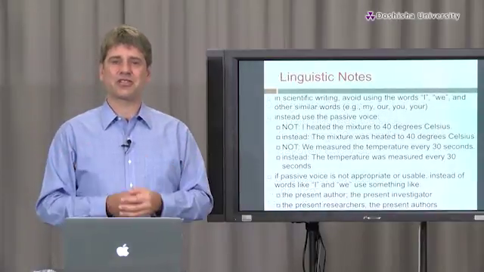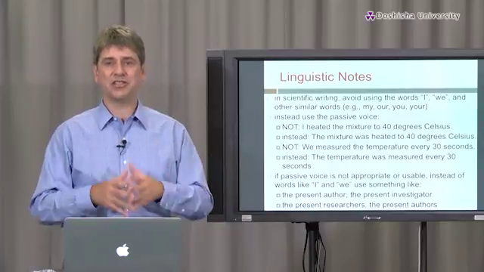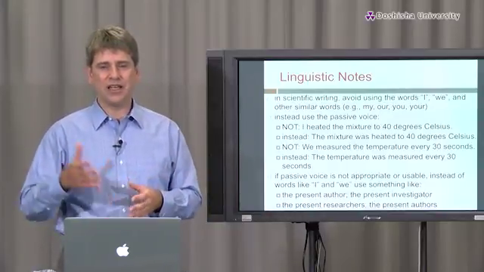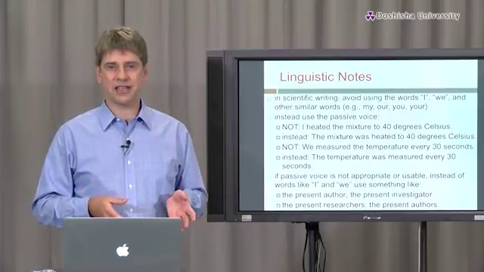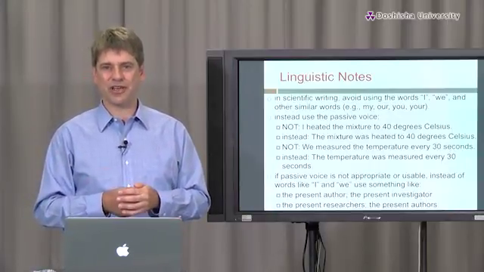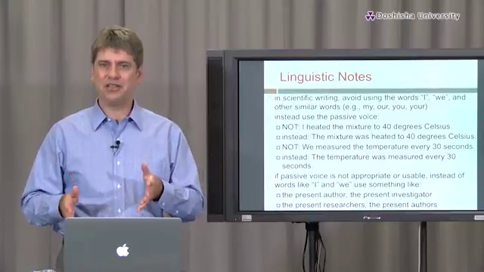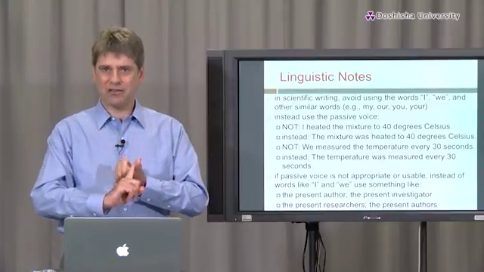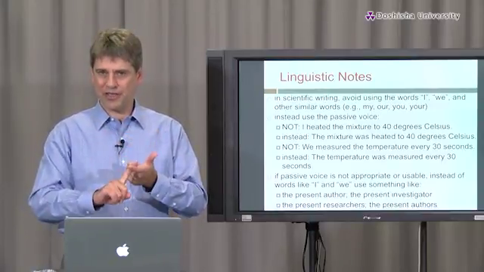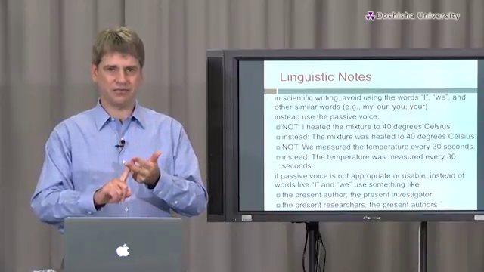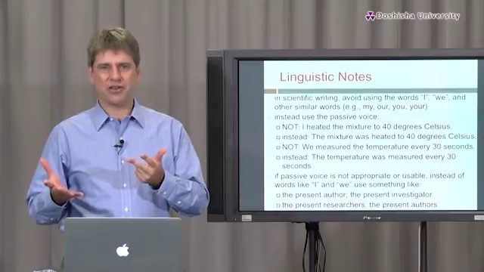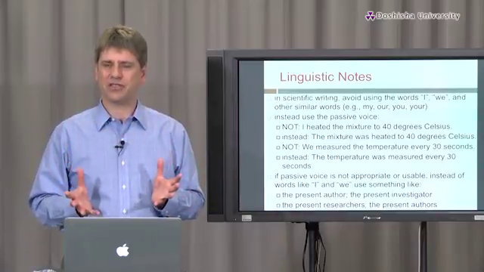So those are a few thoughts on writing method sections and scientific writing in general. In future videos, we'll be looking at the results section and the discussion section and a few other things. So remember, for the method section, paragraph style, make sure it has all of the ingredients, make sure the procedure is clearly presented, and make certain that the reader will understand it.